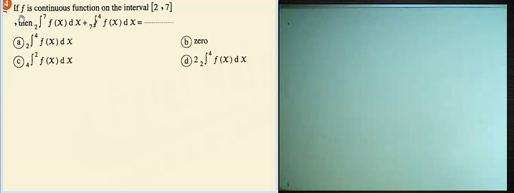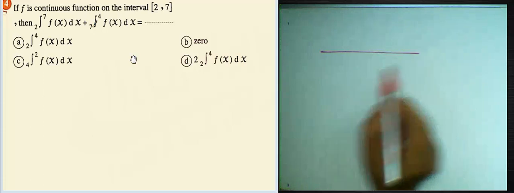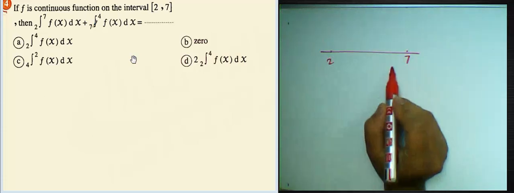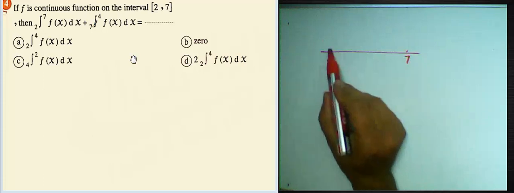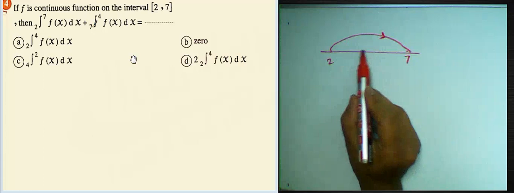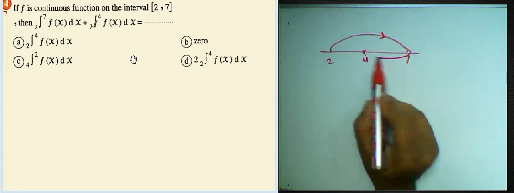Question number 4. If f is a continuous function on the interval 2 to 7, then the integration from 2 to 7 of f of x dx plus the integration from 7 to 4 of f of x dx equals what? We want to find the integration over the interval from 2 to 7. He gave us the integration from 2 to 7 here, plus 7 to 4. We have 4 here.